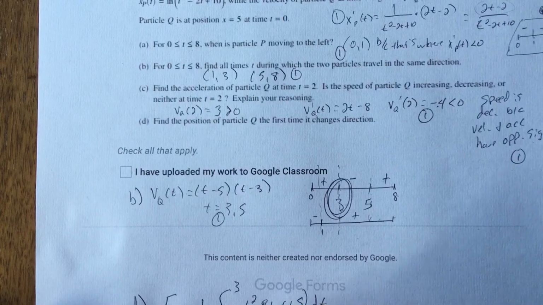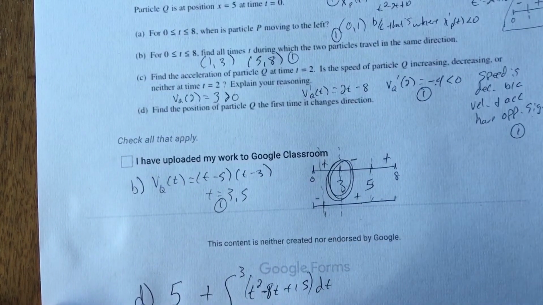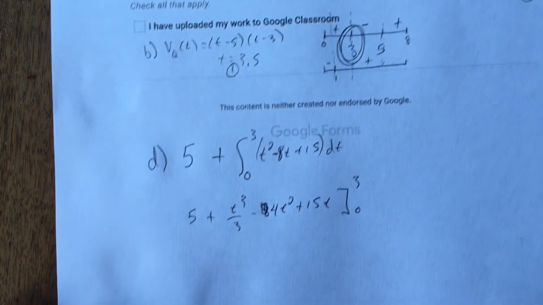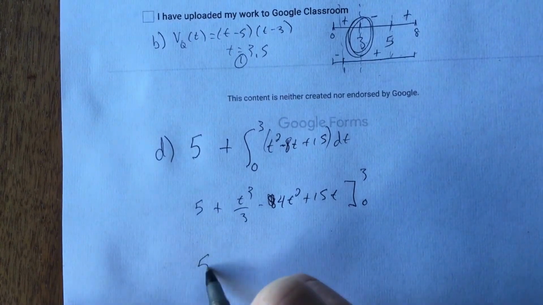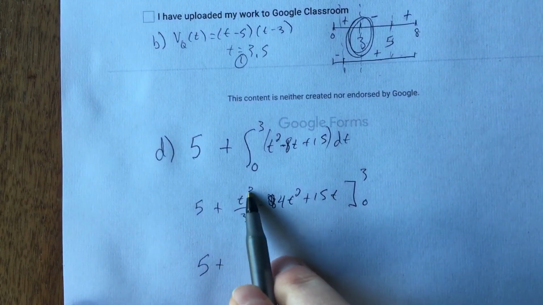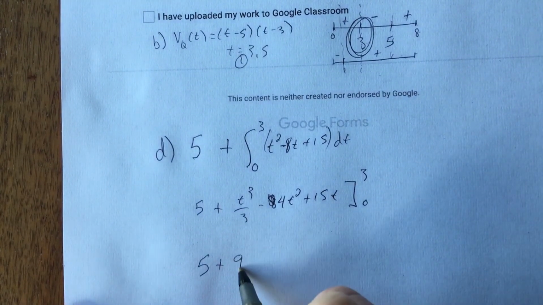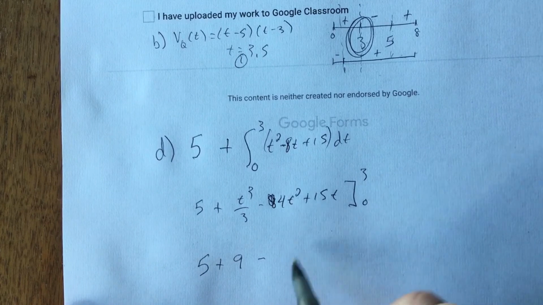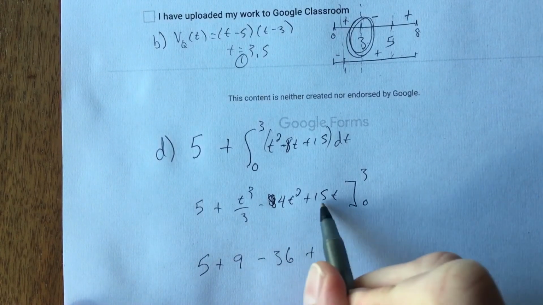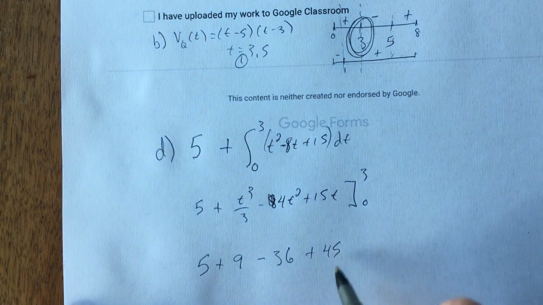Okay, so now we're going to go 5 plus t cubed over 3 minus 8t squared over 2, so that's 4t squared, plus 15t, doing that from 0 to 3. All right, and then we're going to put that in. So we'll have 3 cubed divided by 3, that'll be 9, minus 4 times 9, 36, plus 15 times 3, 45.